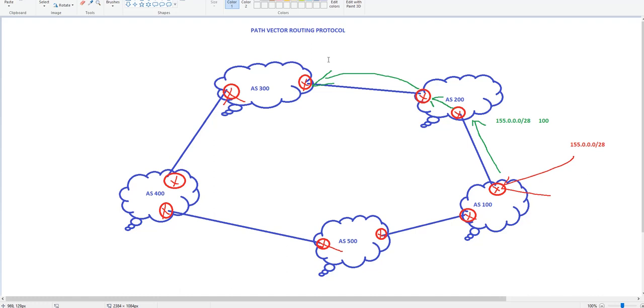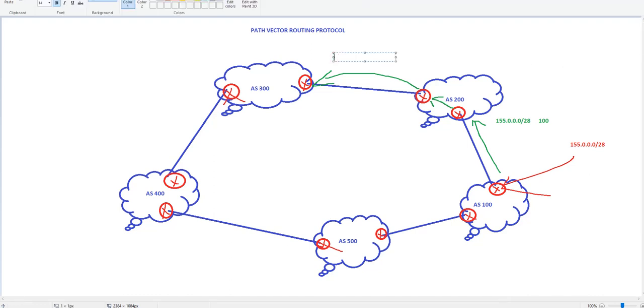Now what does it update? It has 155.0.0.0/28, the subnet information, and also the path attribute information I told you about just before.